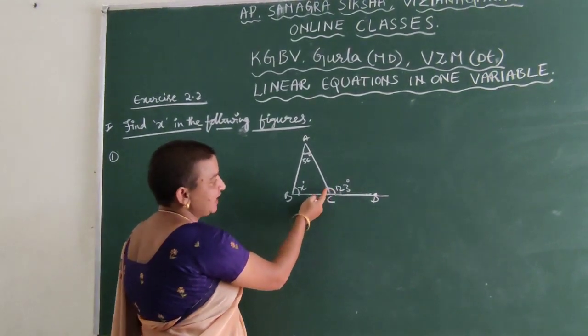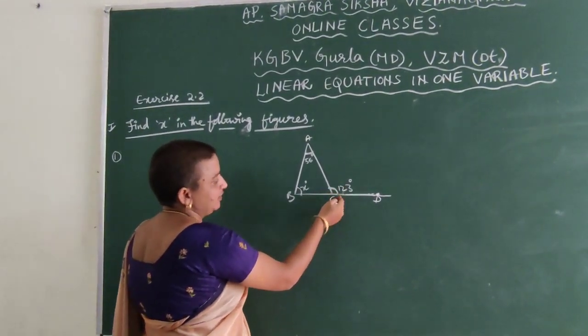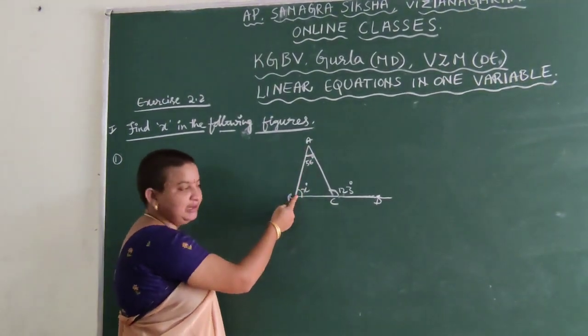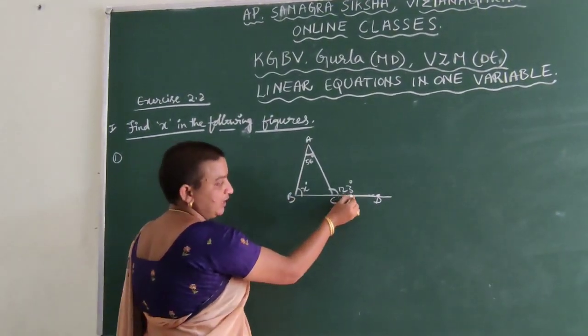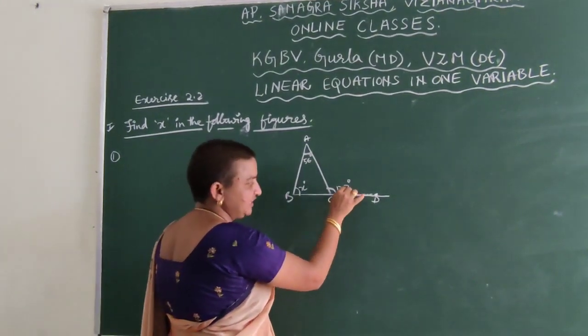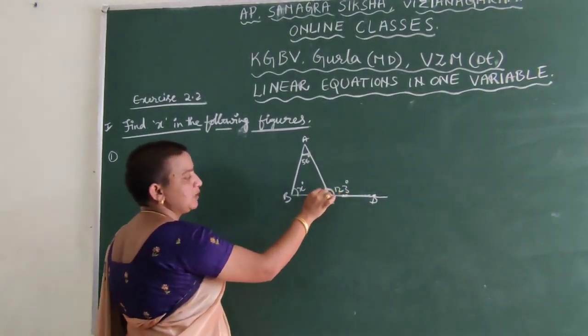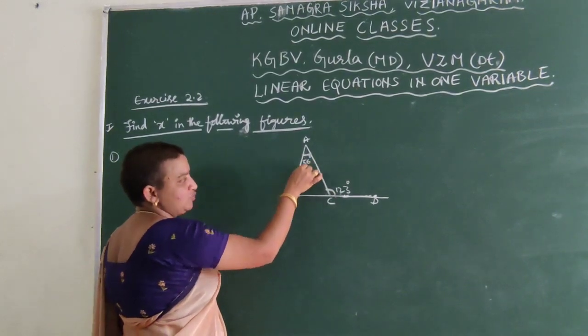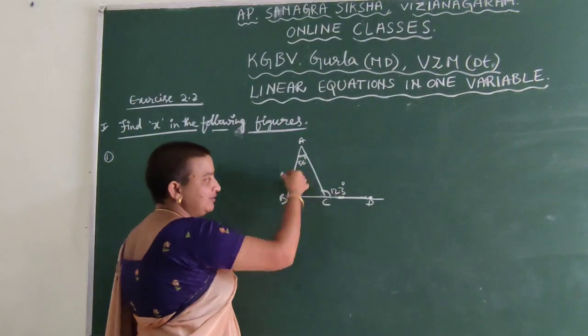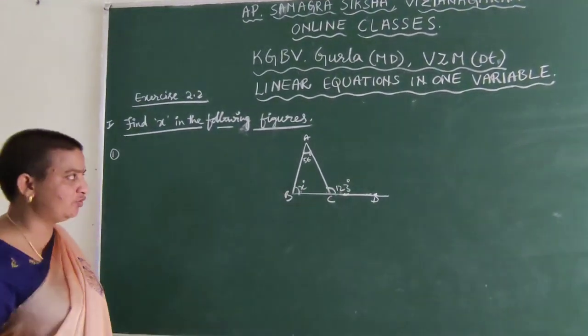The two opposite angles of exterior angle C are angle A and angle B. So the exterior angle of C, 123 degrees, is equal to the sum of the two opposite angles, 56 degrees and x degrees. Okay, we can write this in equation form.